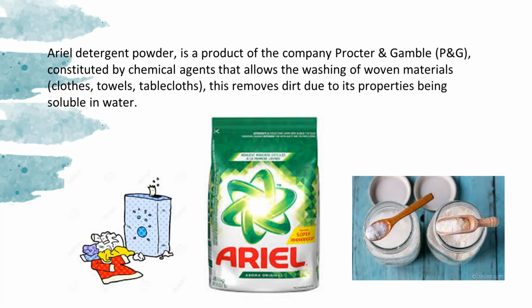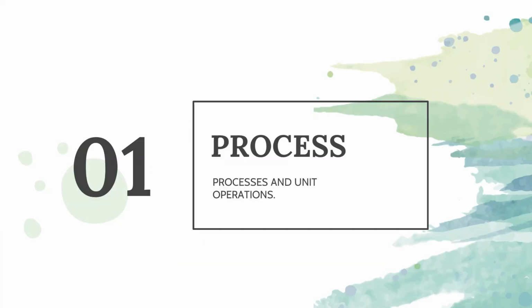For a better impression of its image with consumers, it contains microsphere technology that contributes to the removal of impurity marks and chlorine. The production of Ariel soap powder involves certain operations and unit processes.